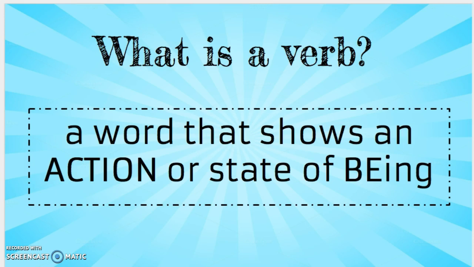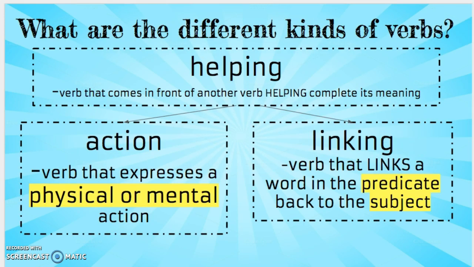A word that shows an action or state of being is going to be our verb. So let's take a look at some examples. What are the different kinds of verbs? We have helping verbs, action verbs, and linking verbs. Helping verbs can really assist either action or linking. Think of the helping verbs as like the little brother or sister. They want to help out, they want to be around.